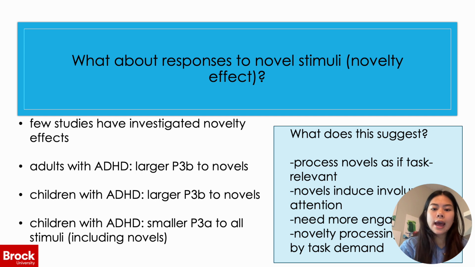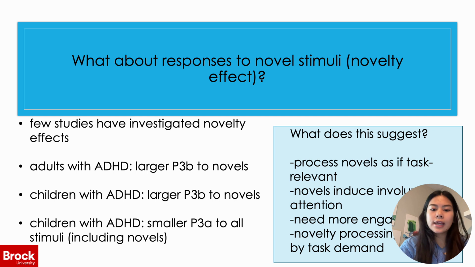This suggests, however, from the results I just talked about from previous literature, that people with ADHD process novels as if task-relevant stimuli by, again, having a larger amplitude towards novel stimuli. And they also induce involuntary attention by focusing on that salient, distracting stimuli, and novels induce that behavior.